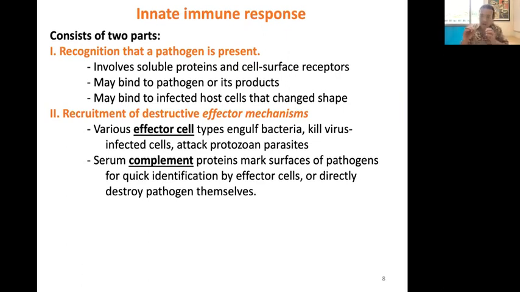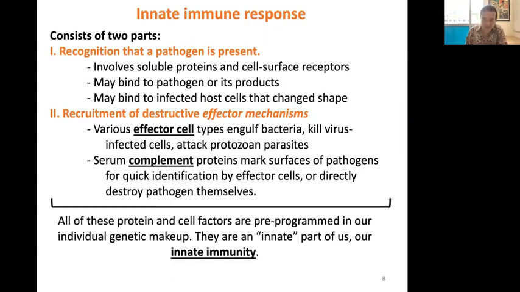And these complement proteins, once they bind, can act as flags, like you're putting little flags on something to make it easier for the immune system to recognize that there's something that needs to be destroyed here, or these complement proteins can in fact on their own disrupt the function of a bacteria or a virus. So we'll learn about those in the next lecture.